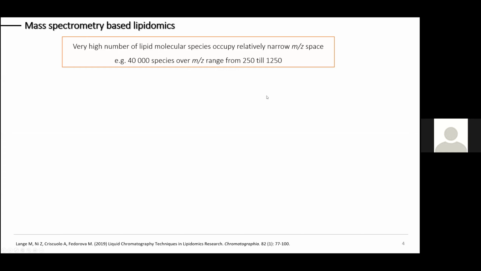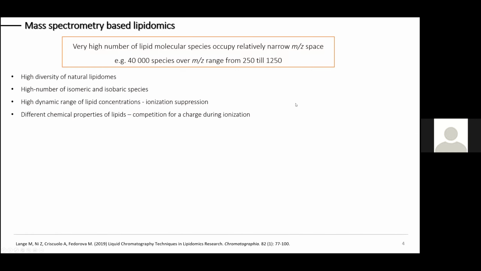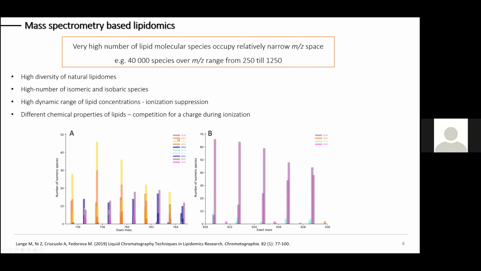This is a very densely populated m/z space, and that of course reflects the high diversity of natural lipidomes, this high number of isomeric and isobaric species, and can result in certain ion suppression events. Also, of course, ionization of lipids will depend on their chemical properties, so they might also compete for the charge.